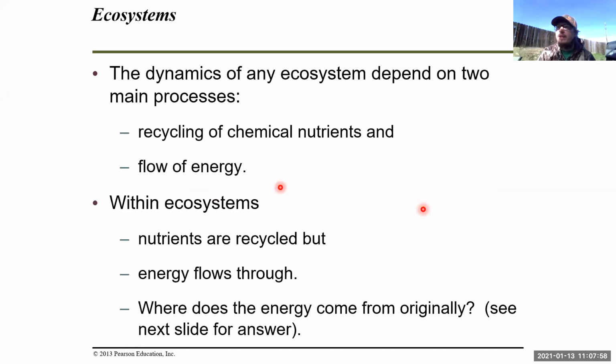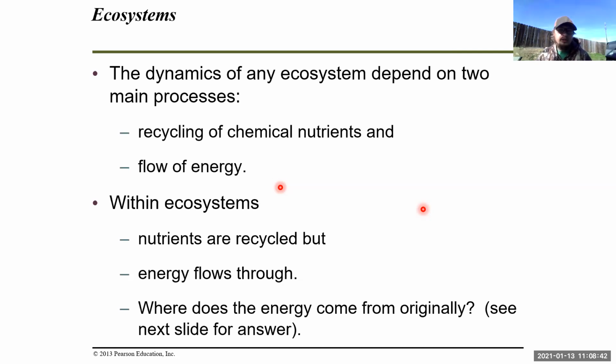They have complex, lots of interactions, lots of nutrient cycling, energy flowing through the ecosystem, like your food pyramid. Within these ecosystems, you have nutrients being recycled and energy flowing through, and how that happens really determines how an ecosystem is going to function and thrive.